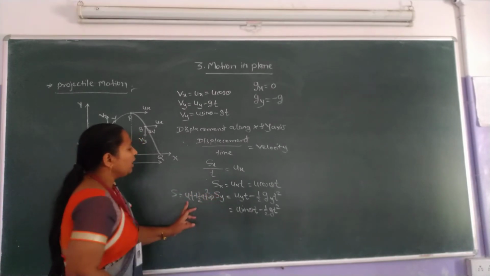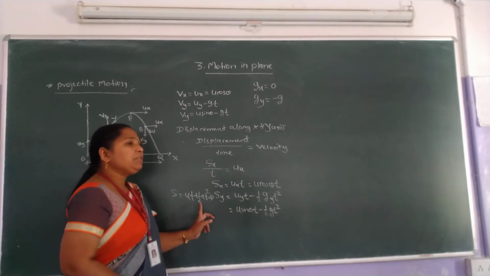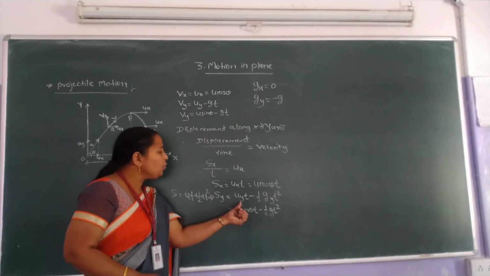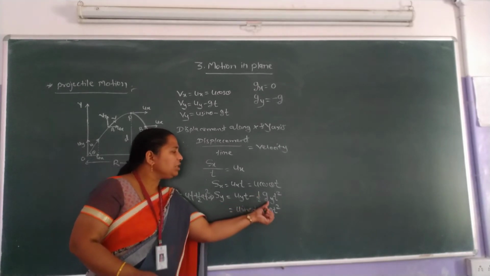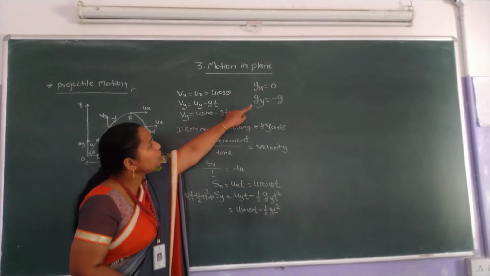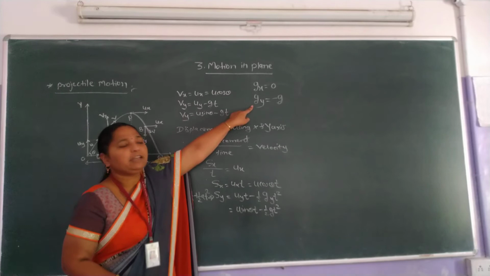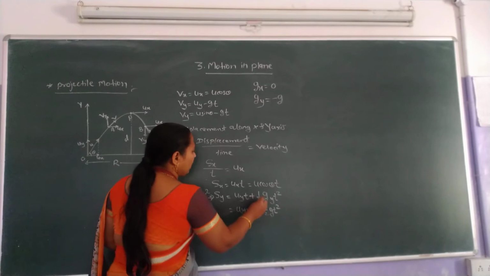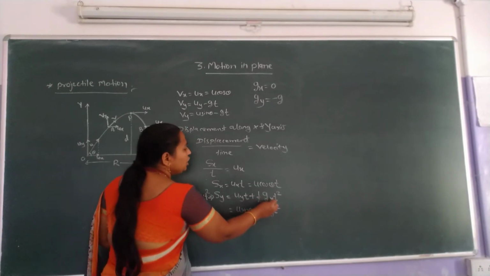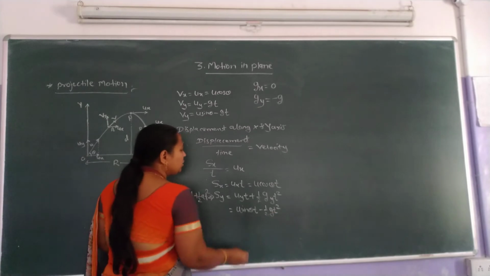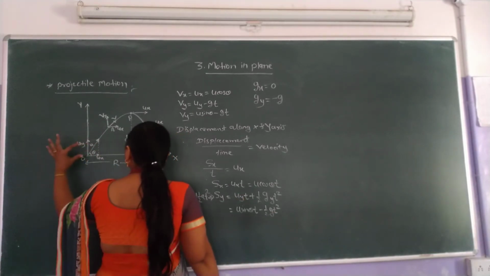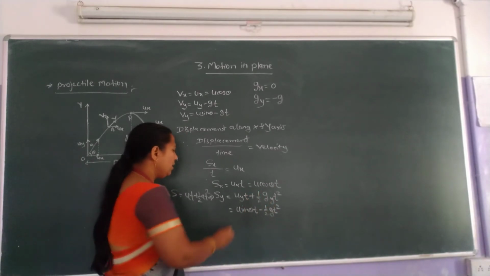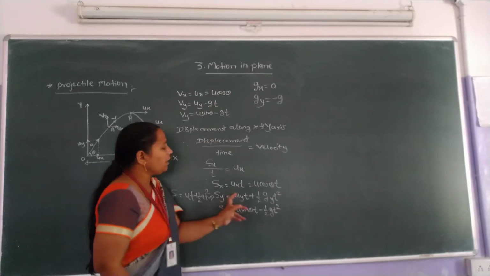By using that formula, we find the displacement along the y-axis, sy. Sy is equal to uy t minus half g t square, because the acceleration due to gravity in the vertical direction is taken as negative, minus g. With uy equal to u sin theta, sy is equal to u sin theta t minus half g t square, the displacement along the y-axis.